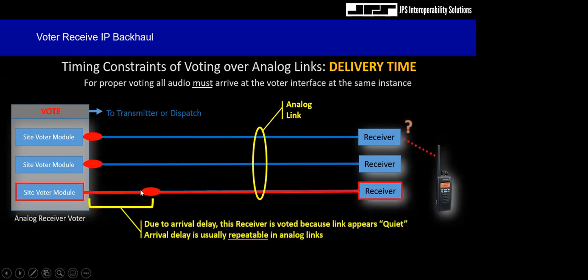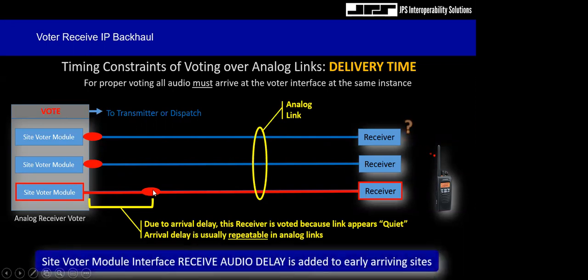Well, this, interestingly enough, when I deploy this analog example, I have propagation delay on one of these links. The voter is now assessing these 3 links, and the voter is going to say, hey, this is pretty quiet, when in fact the audio has not been delivered, and the voter is going to inadvertently vote this site. It'll eventually hand off to another site once that audio arrives, because it might not be that good. But that's an example of losing the attack on the transmit audio from my subscriber unit.